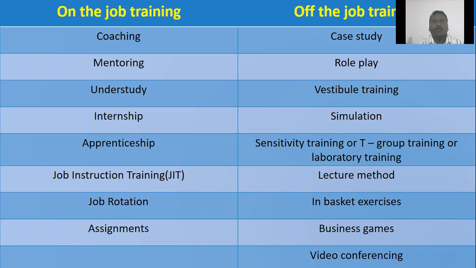And one more off the job training method that organizations may use is audio-visual techniques or audio-visual aids. Audio-visual aids provide information or knowledge in the form of recorded material. It may be audio, or it may be video, or it may be tape, anything.